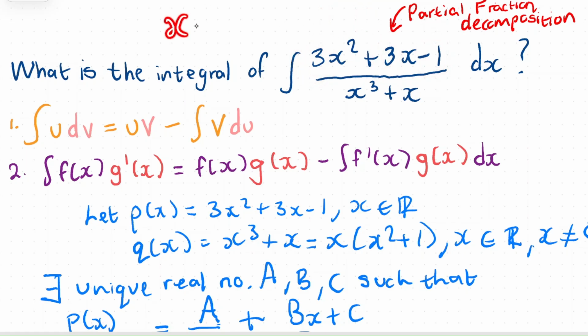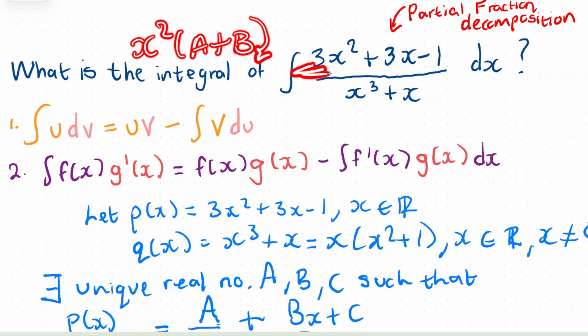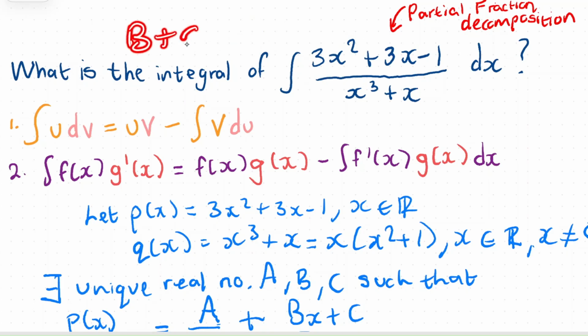So let's just say we have x squared (a plus b). Then we know a plus b has to equal 3, right? Since we're saying x squared (a plus b), then what times x squared is going to give us a plus b? 3, because we see the x squared there. So that's the same thing. We can also say hypothetically that b plus c is equal to 3x, right? Let's just say there's an x, b plus c.